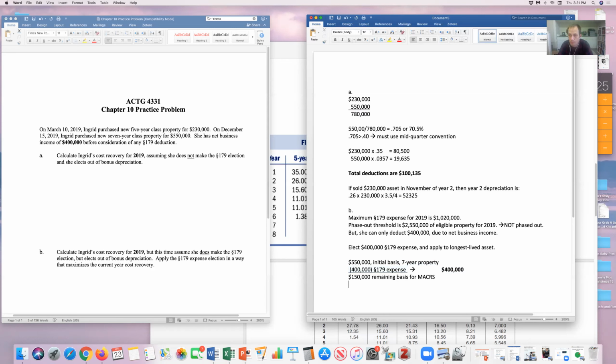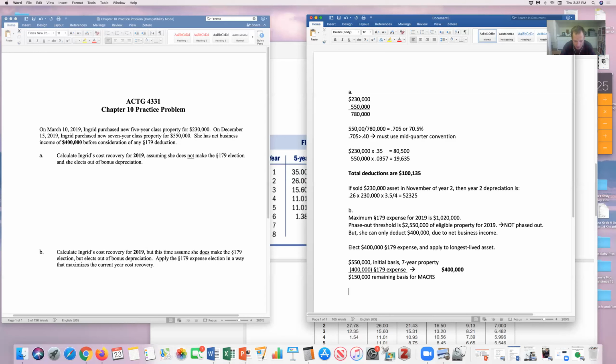All right, so this is an interesting thing. What happens now is that 179 expense changes how we do the calculation to know if we use mid-quarter. That 179 expense is removed from the basis, so we don't count that towards the property put in service during the year. So that's another reason it was good to use 179 expense on the asset put in service in the fourth quarter.